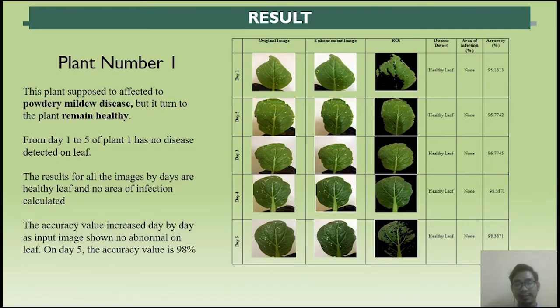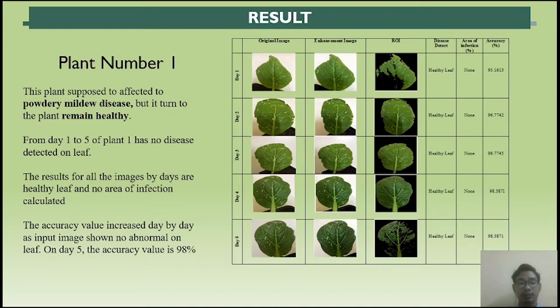So this is the result for plant number 1. Plant number 1 was supposedly to be affected by powdery mildew disease, but it turned out the plant remained healthy. From day 1 to 5, the plant has no disease detected on the leaf.